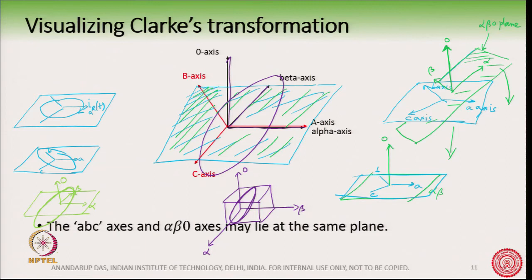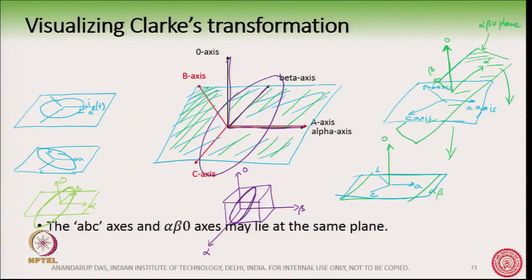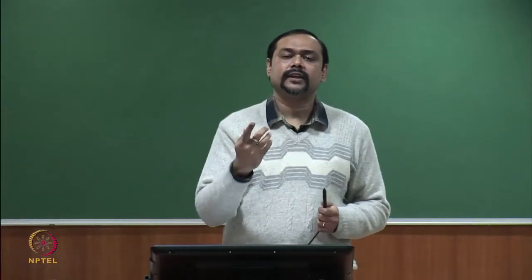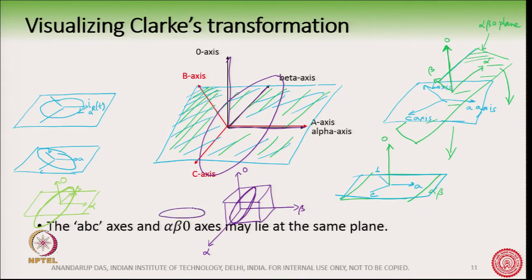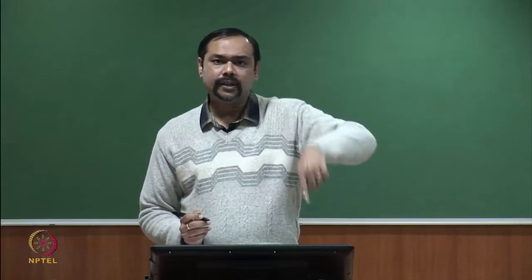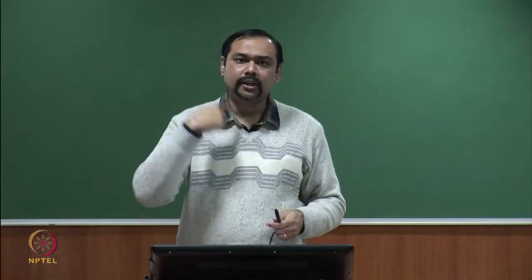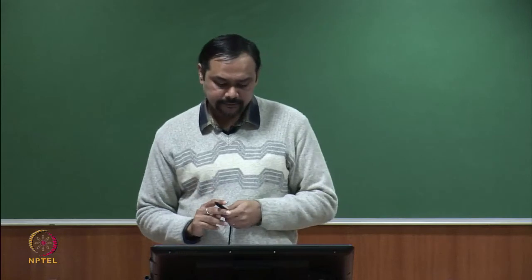So, that is the general alpha beta 0 when there is a 0 sequence component. But if there is no 0 component, then this 3-dimensional elliptical orbit of the reference vector no longer remains 3-dimensional, it becomes 2-dimensional. It becomes flat when there is no 0 sequence component. Otherwise, you can think of it as a 3-dimensional elliptical space vector which is rotating.